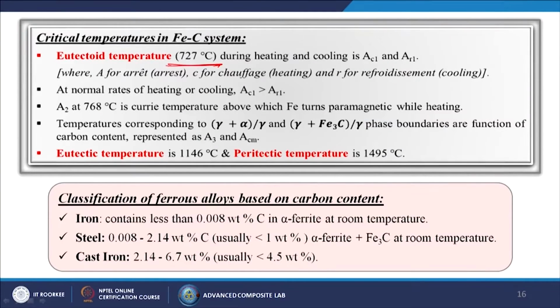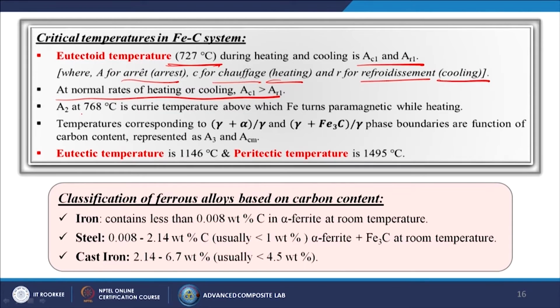Critical temperatures in the iron carbon systems: the eutectoid temperature is generally 727 degree centigrade during heating, and on cooling they are called AC1 and AR1, where A is for arrest, C is for chauffe, meaning heating, and R is for refroidissement, meaning cooling. At normal rates of heating or cooling, AC1 is greater than or equal to AR1.